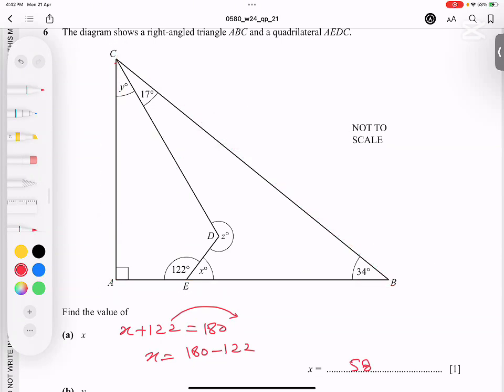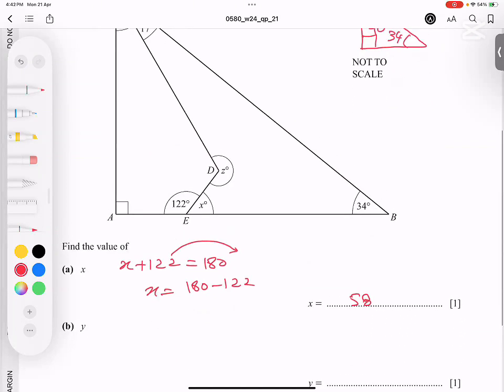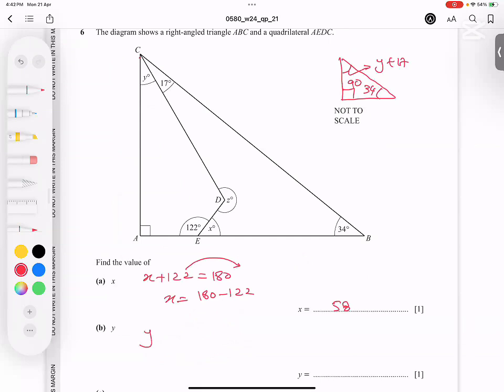So have a look. It means I got a big triangle, and this is 34. Here we have a 90-degree angle, and this angle is y plus 17. So add them all, and they equal 180. So y plus 17 plus 90 plus 34 is equal to 180.